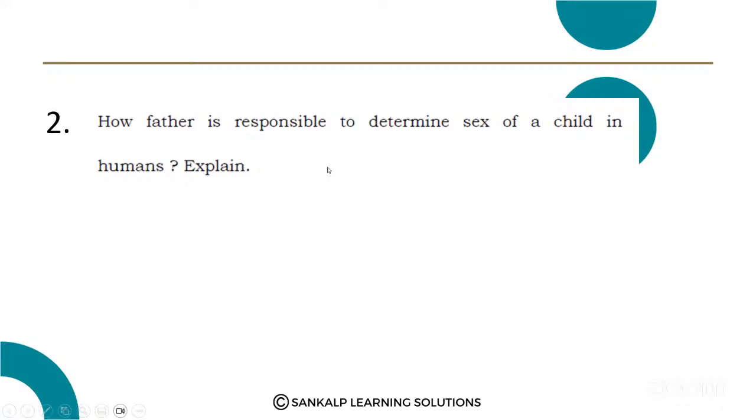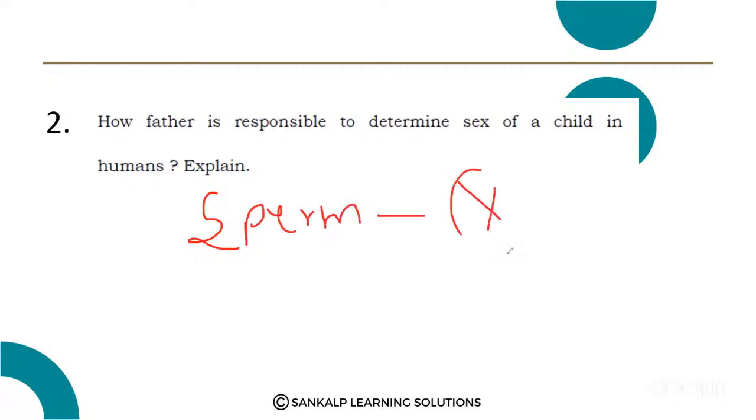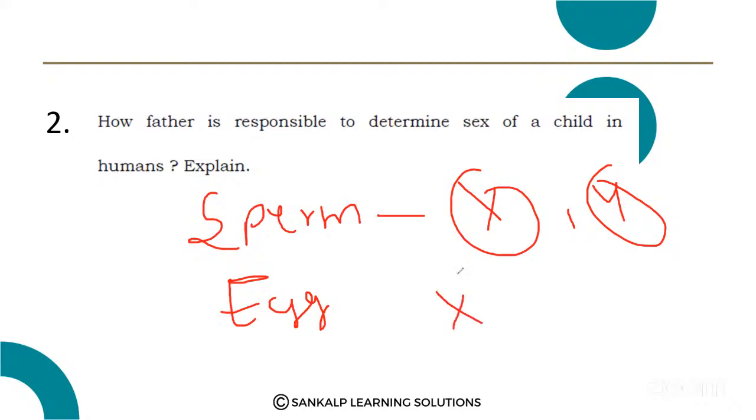Next question. How is the father responsible to determine the sex of the child in humans? Sperm always contain either X or Y chromosome, but the egg always contains the X chromosome.